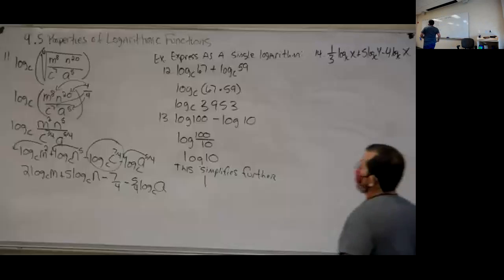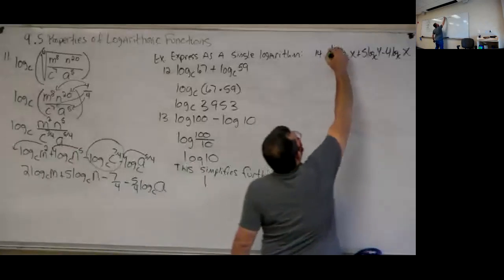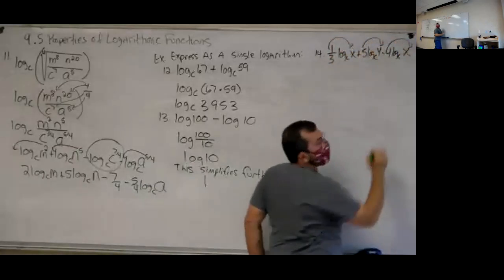First thing I'm going to do, put all the exponents back up on top. So I'm going to move the 1/3 up, the 5 up, and the 4 up.